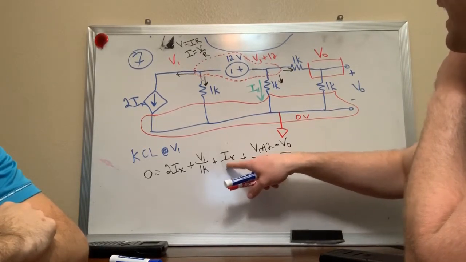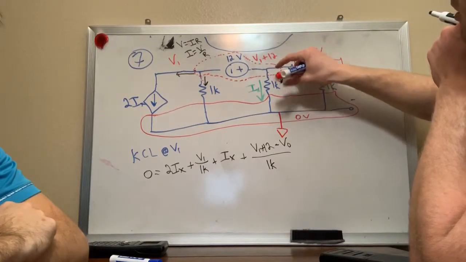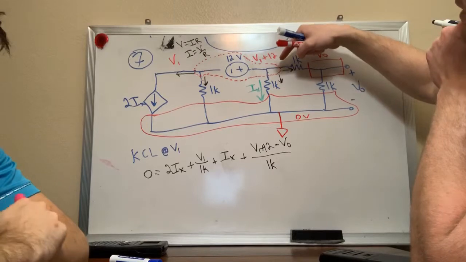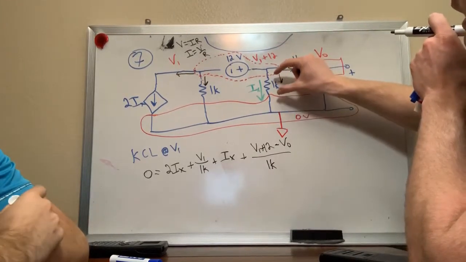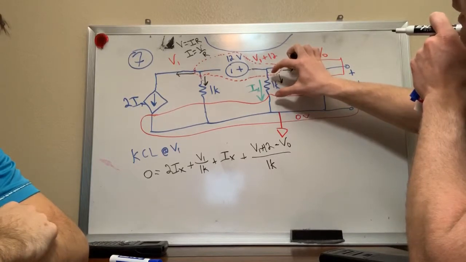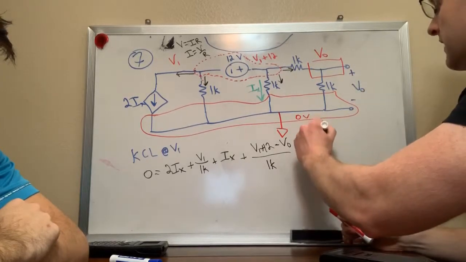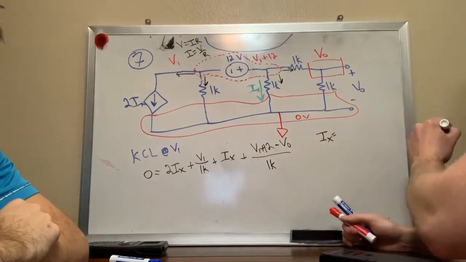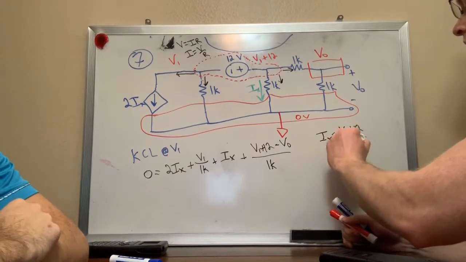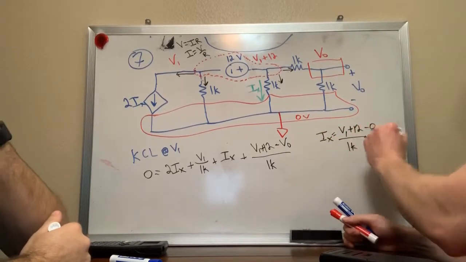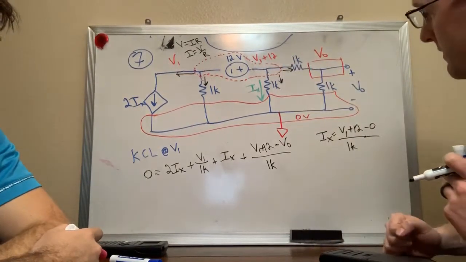So when we look at Ix drawn right here, if we use Ohm's law, then we know that Ix is V1 plus 12 minus 0 over 1K. In other words, the voltage drop across this resistor divided by the resistance. So V1 plus 12 over 1K. I'll write that right here: Ix equals V1 plus 12 over 1K. And just for completeness, I'll put minus 0 so you remember that it's the voltage drop across that 1K resistor.